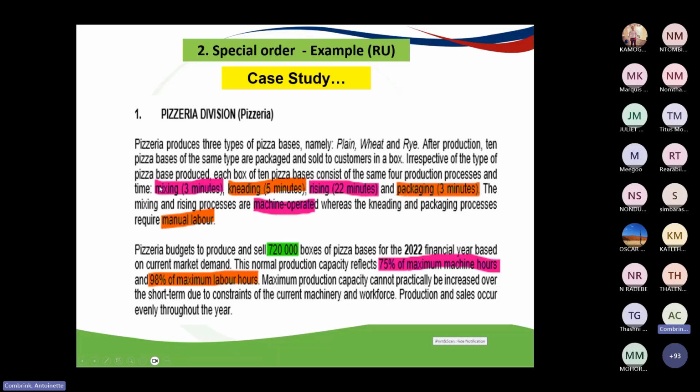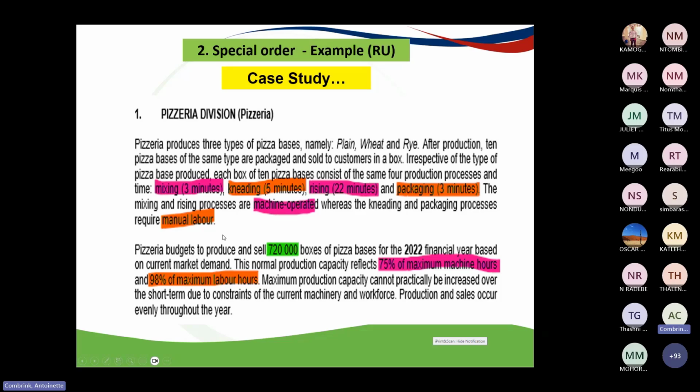It takes them 3 minutes to mix, 5 minutes to knead, 22 minutes to rise, and 3 minutes to pack. The mixing and the rising, which is the pink, is machine operated, and that is together 25 minutes. The packaging and the kneading is manual labor, and that is 8 minutes.